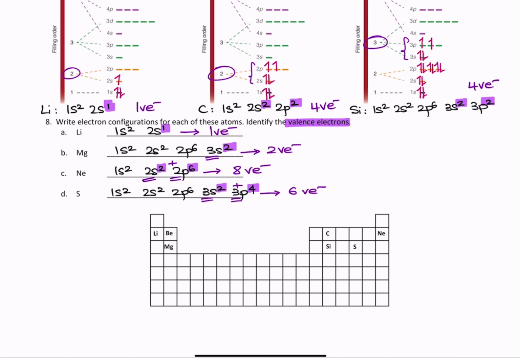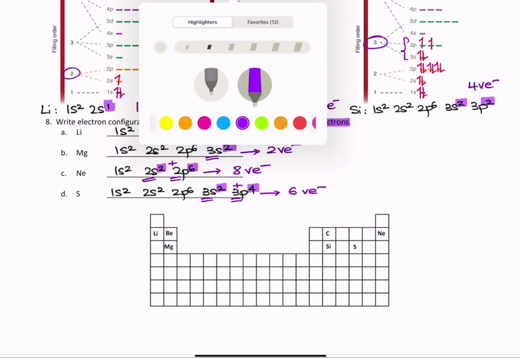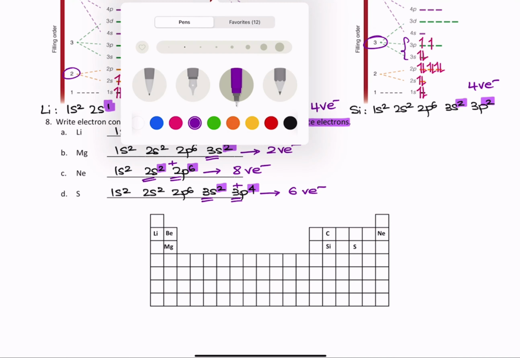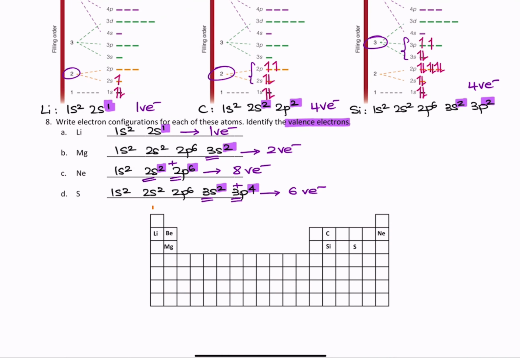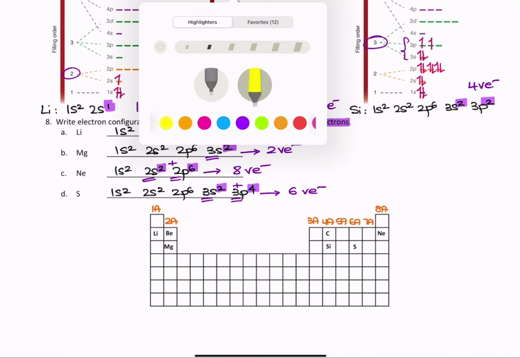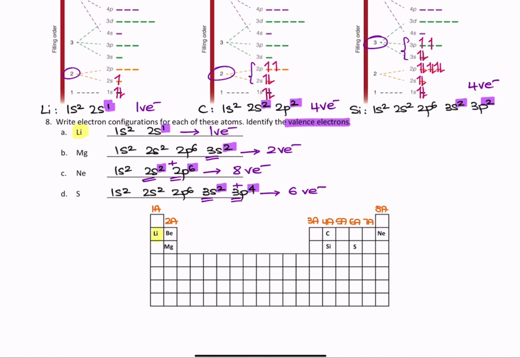What I want you to pay attention to now is, you remember the group numbers that we talked about? This is 1A, this is 2A, this is 3A, 4A, 5A, 6A, 7A, and 8A. Well, take a look at lithium. Lithium is here, located in group 1A, 1 valence electron.